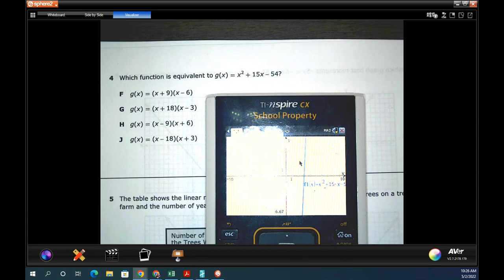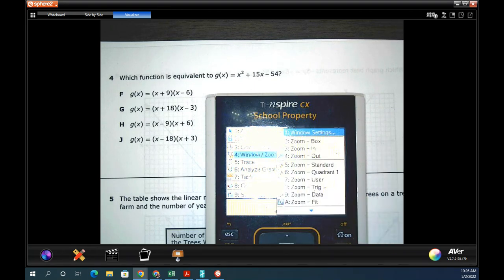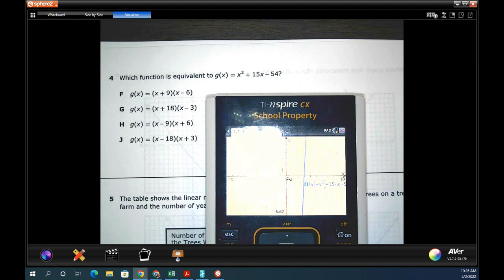All right. Now, let's zoom out. Go to menu. Go down to Window Zoom. Hit the right arrow. And we're going to zoom out. Now, here's the deal. Hit enter. There it is. Now, all you have to do is hit the tab button. Hit tab.